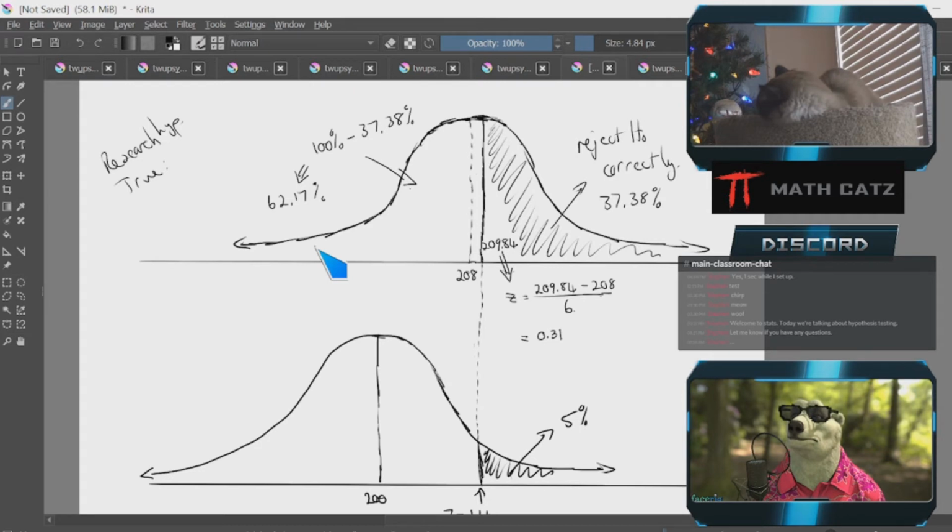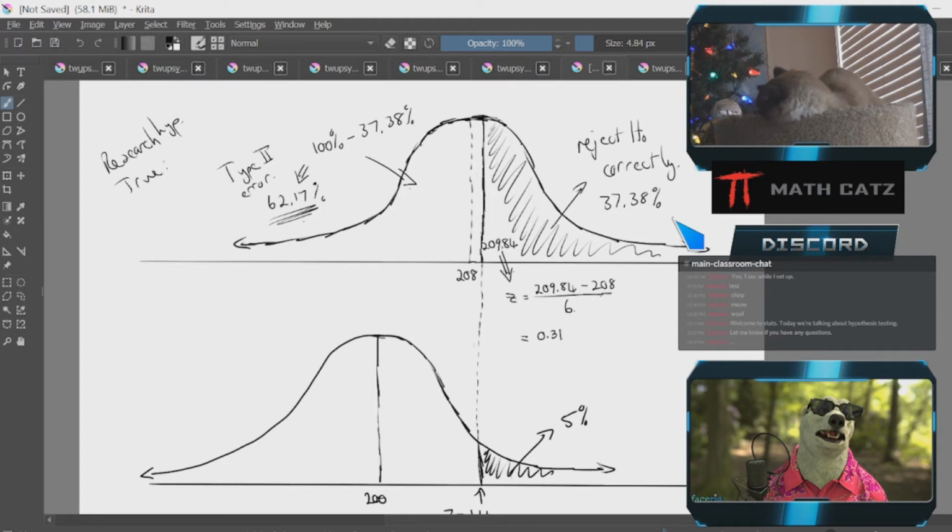So this is our type 2 error. The probability of correctly rejecting the null hypothesis, we'll call this the power. So power and type 2 error are just on opposite sides of this 100%.